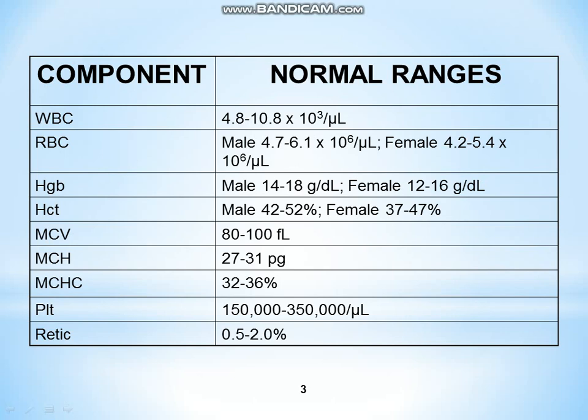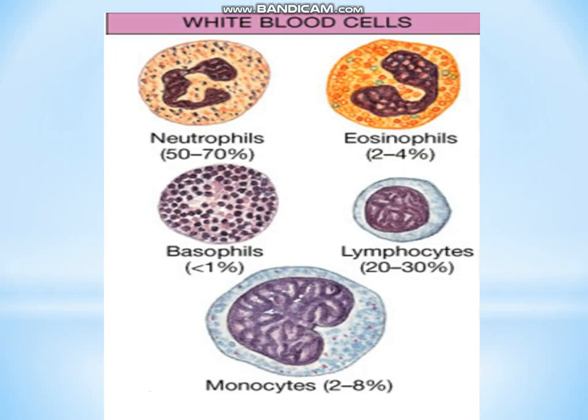In case of mean corpuscular hemoglobin concentration, it is 32 to 36%. The platelets are in a normal range of 150,000 to 350,000 per microliter. The retic count is 0.5 to 2%. You should know all the normal ranges of these components along with their units.